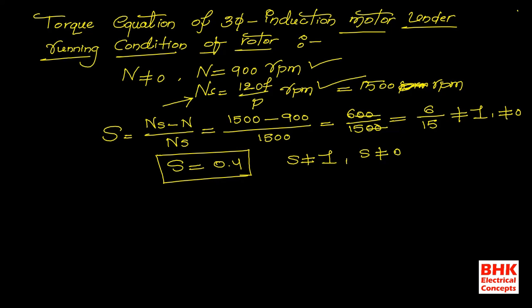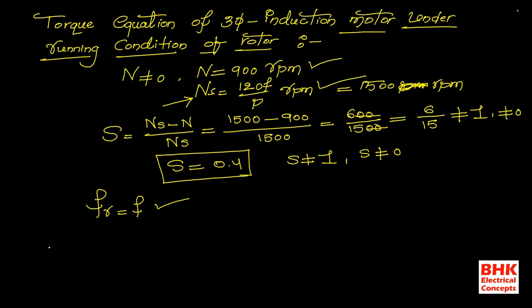That is the reason why we already discussed the concept of rotor frequency. In standstill condition of a rotor, the rotor frequency, where F suffix R represents the rotor frequency, is always equal to the supplied frequency.